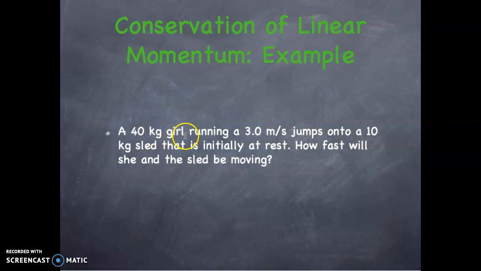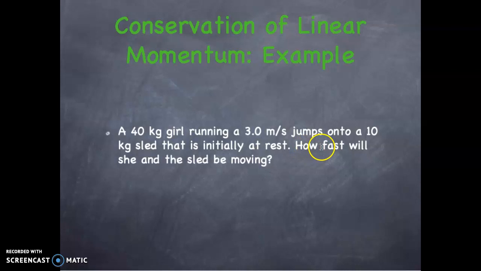A 40-kilogram girl running at 30 meters per second jumps onto a 10-kilogram sled that is initially at rest. So the sled is not moving initially. The girl is moving though.